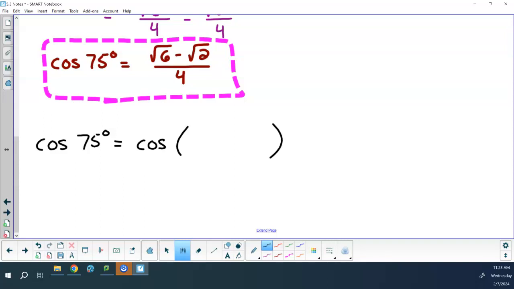We don't have 15 on the unit circle, because 90 minus 15 would be 75. 80's not on there, nor is 5.